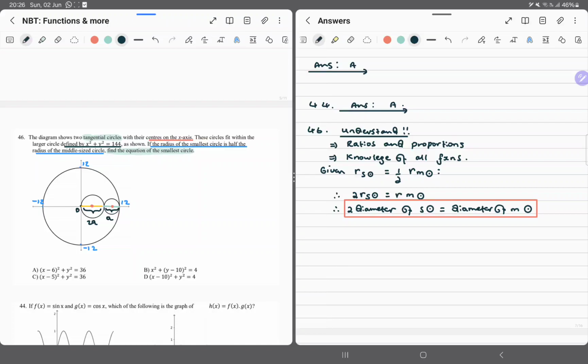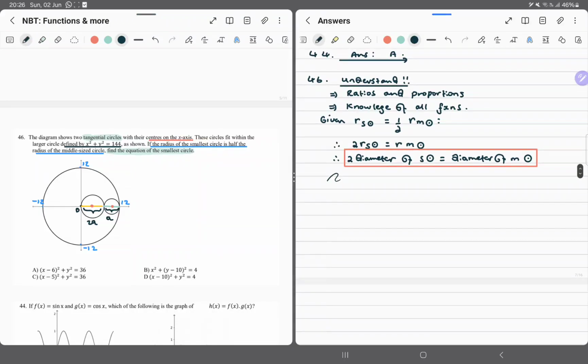Okay, so it's very important to know this. All right. So we can say here, let the diameter of the smaller circle be equal to A. Okay, that is great.